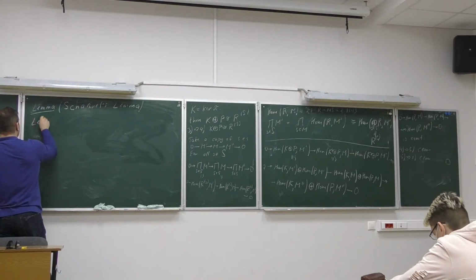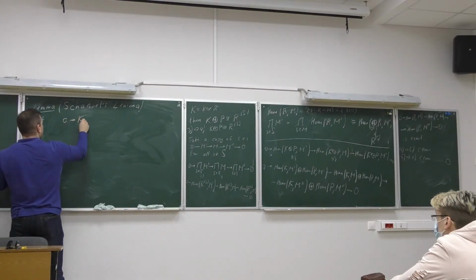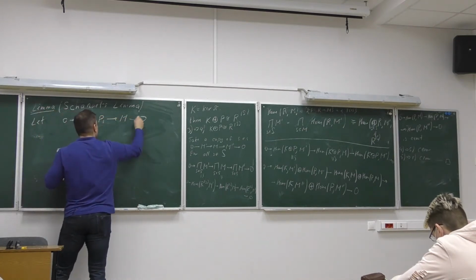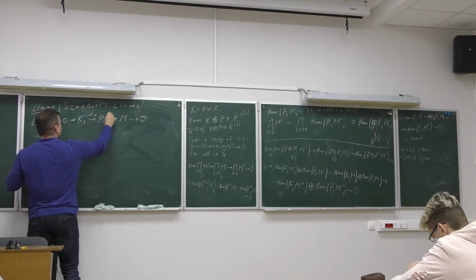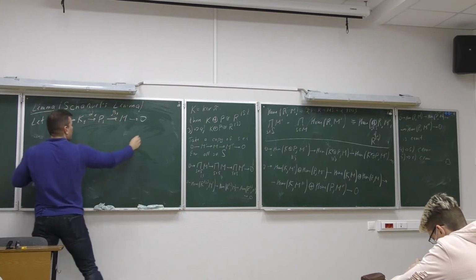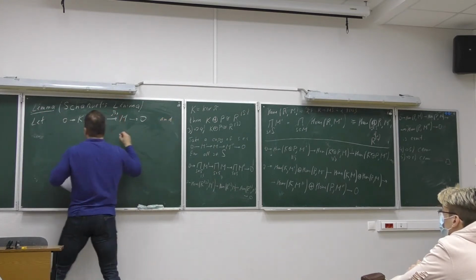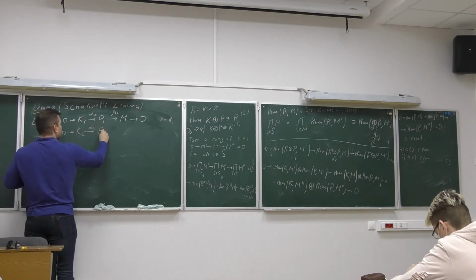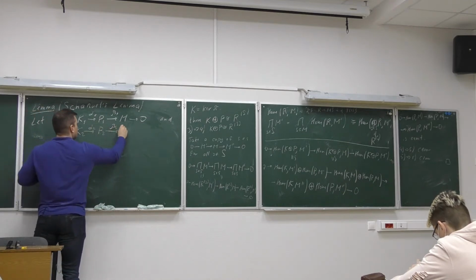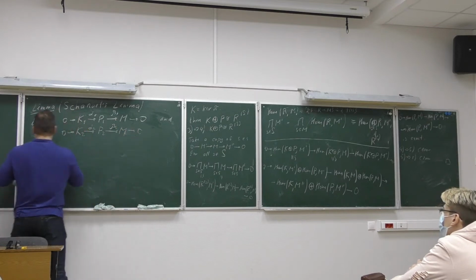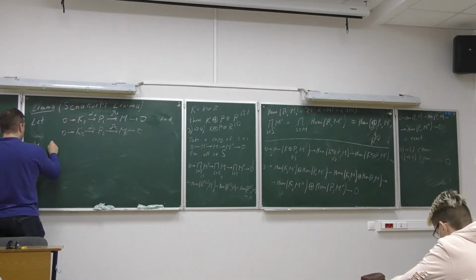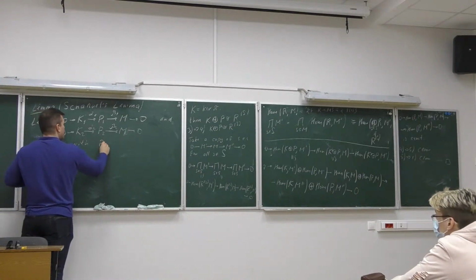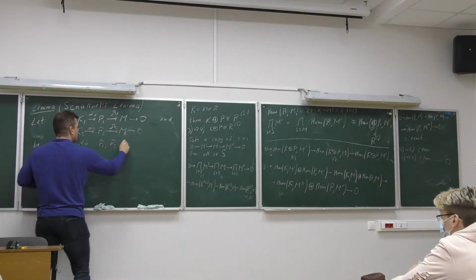Let 0, K1, P1, M with the maps alpha 1 and beta 1, and 0, K2, alpha 2, P2, beta 2, M be short exact sequences with modules P1 and P2 projective.